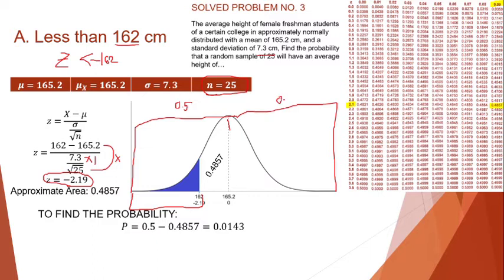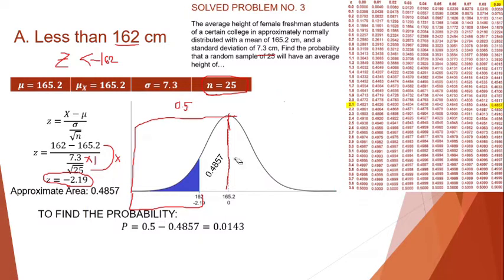Tapos pag pinagsama nyo, 1, hindi ba? Ngayon, ang punto ko, how can you find the probability? So, you are going to subtract. Huwag nyo intindihin yung kabila.